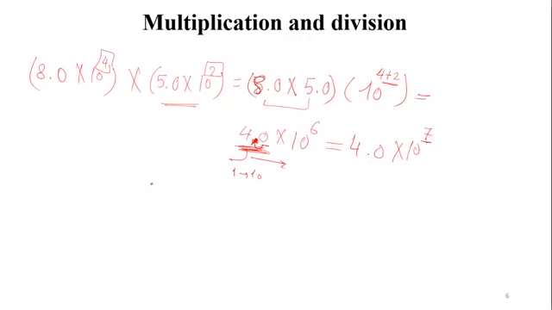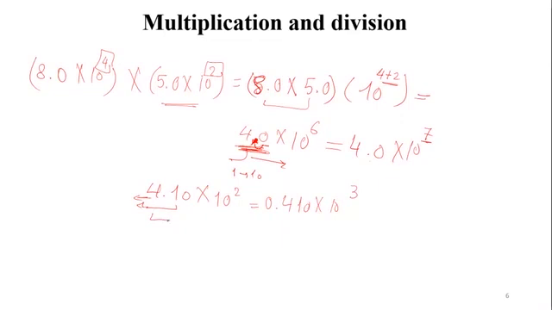Example of that: if I look at 4.10 multiplied by 10 to the power 2, and I move my decimal in that direction, I will end up with 0.410 multiplied by 10 to the power 3.